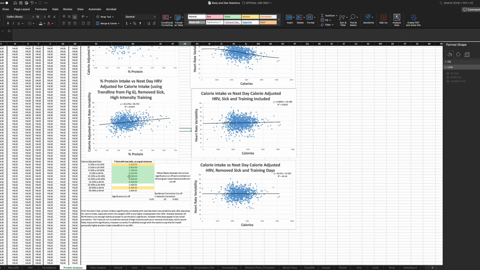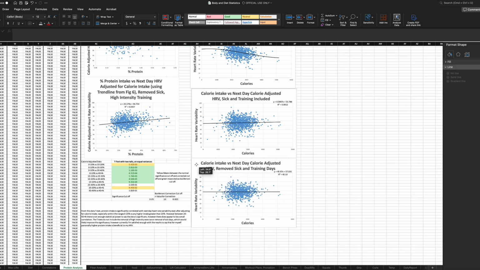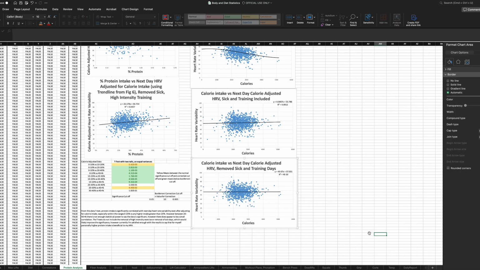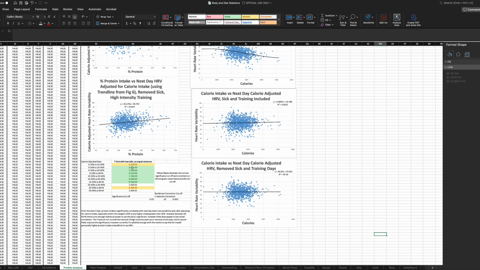So then we do the t-tests, and at this point we've got a little bit less significance, right? The 20 to 30% versus the higher percentages is not significant, and the less than 10% to the 10 to 20% protein is also maybe not significant.